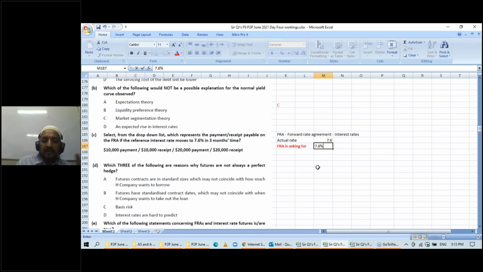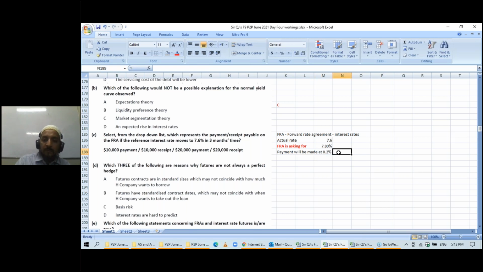So the FRA's rate is higher and you get at a lower rate. So you have to make a payment of 0.2%. You will have to pay. The bank will not pay you because the rate has remained below the guaranteed amount by them.